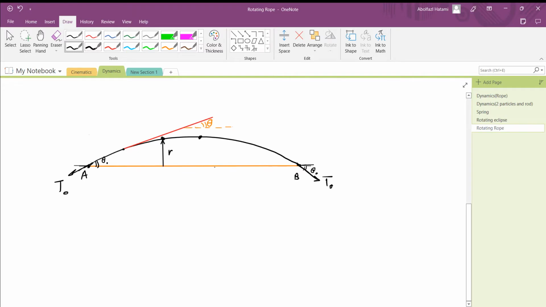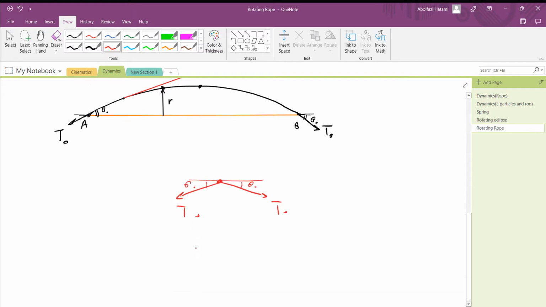So we can consider that this is the center of mass, and here we have two external forces T0 that make angle theta 0 with respect to the horizontal.